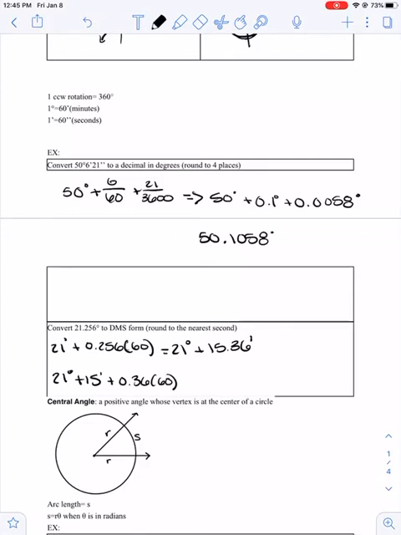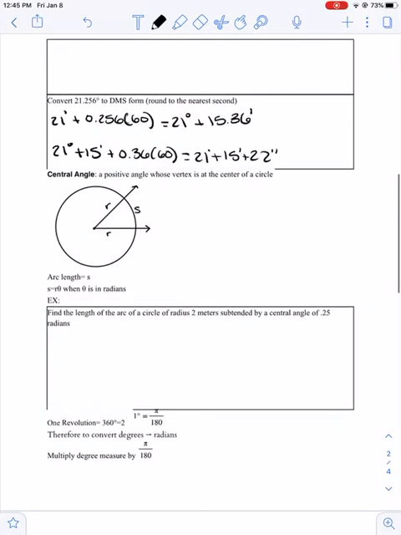So 21 degrees plus 15 minutes, and then 0.36 times 60 is 22. So plus 22 seconds. That's it.